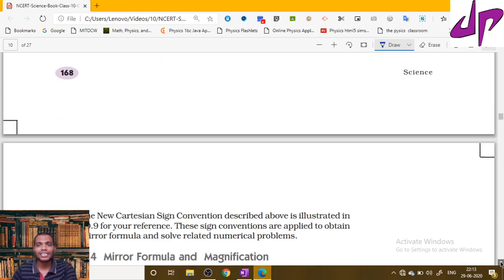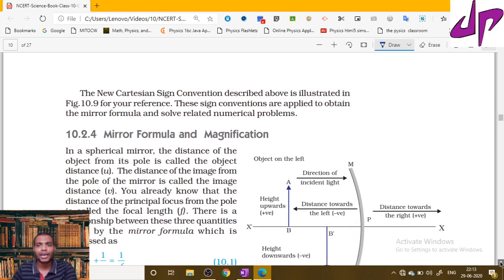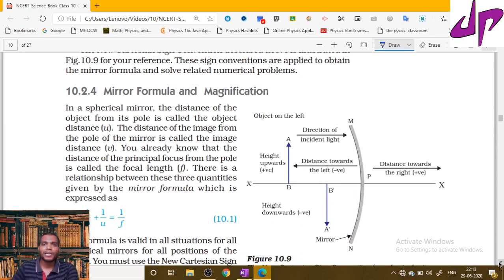NCERT gives one nice diagram which helps us understand better. Here, this is the first rule: the object should always be kept on the left side of the mirror. Now the second rule: we have to measure all distances from the pole.